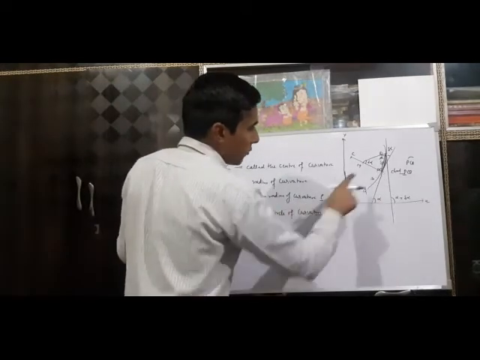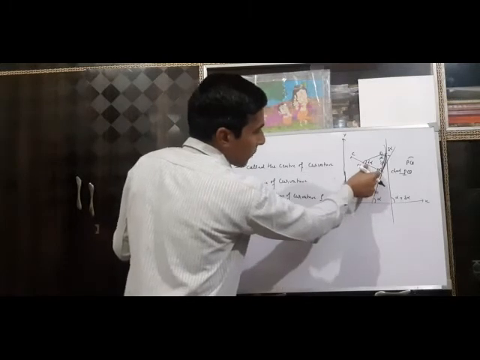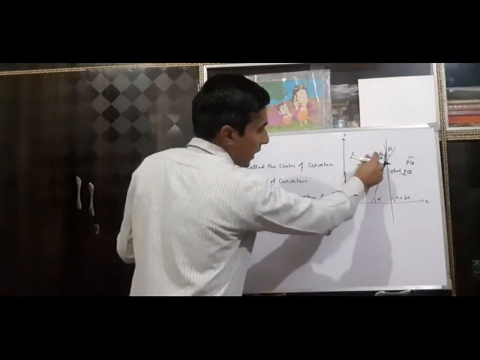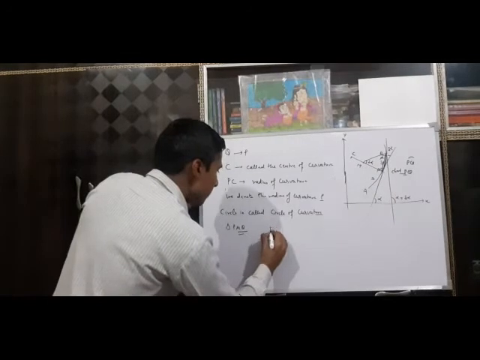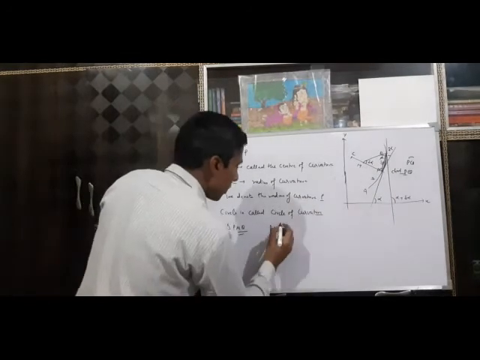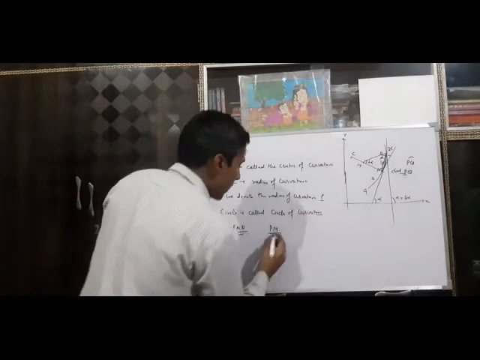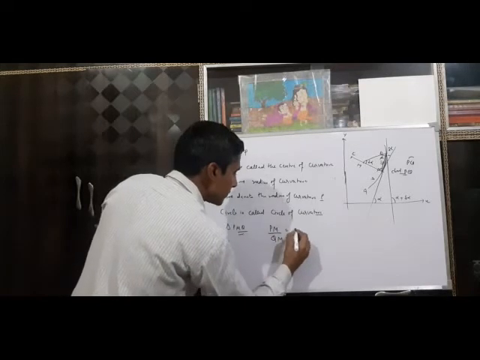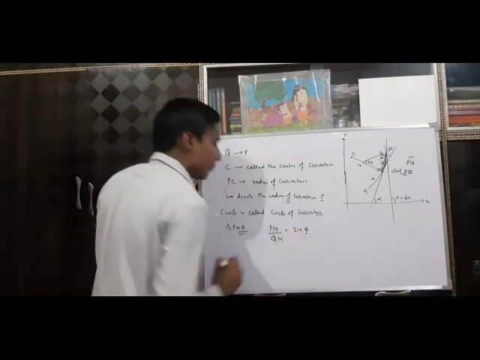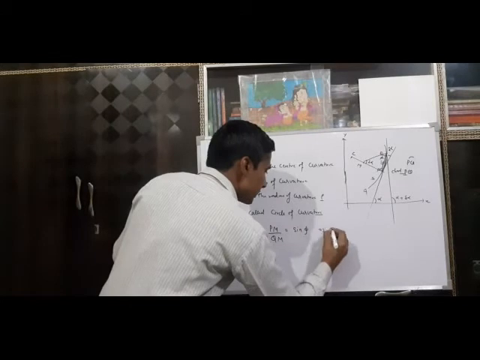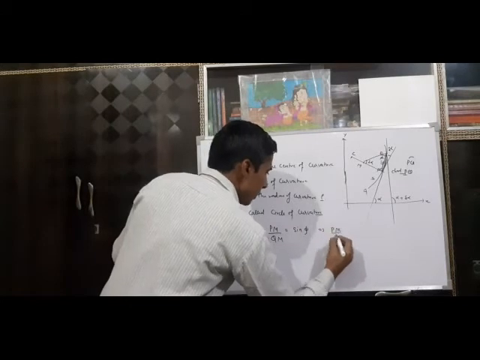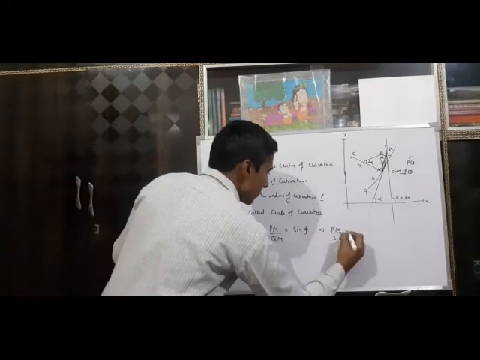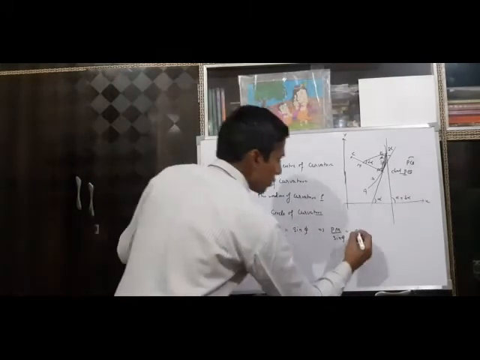From this triangle we see this is a perpendicular distance and this is hypotenuse, so PM perpendicular upon hypotenuse QM, this is sine of phi. So that implies PM upon sine phi is QM.